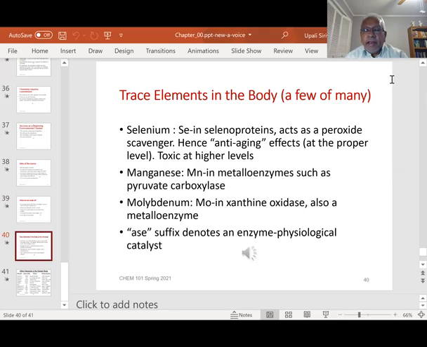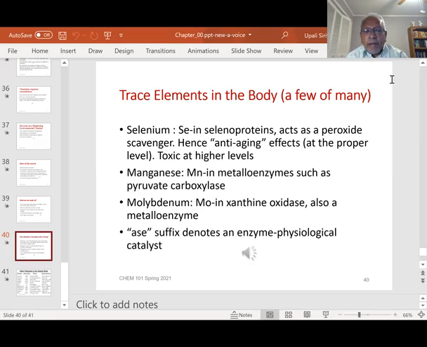There are other elements in the body, trace elements, with anti-aging effects. Selenium has anti-aging effects. But if you take a lot of it, it becomes toxic.